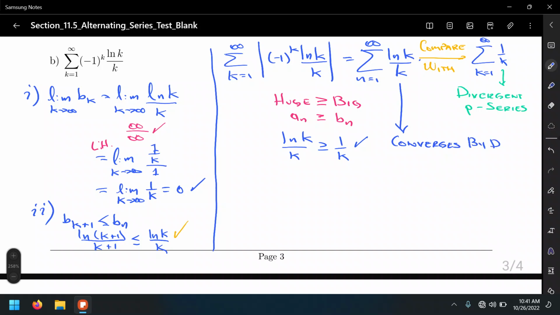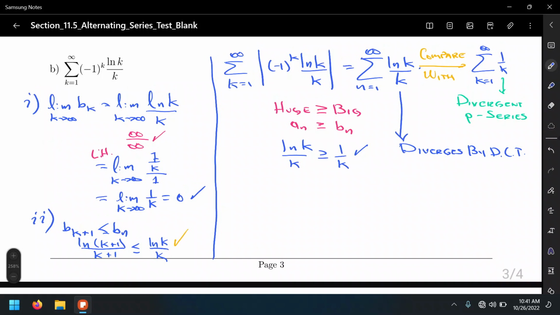by the direct comparison test, and here is where we now backtrack to the original alternating series. Oh yes, that diverges. That's true. Thank you. Diverges by direct comparison.